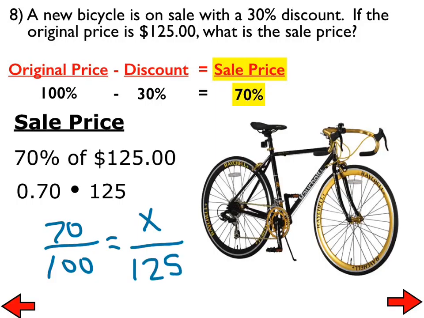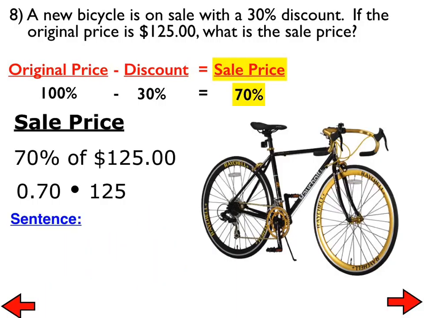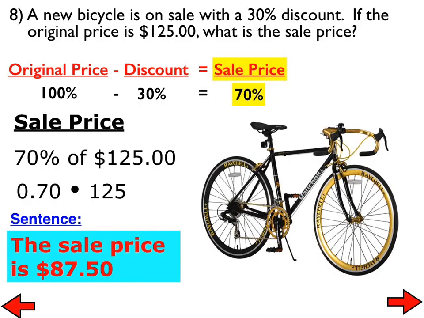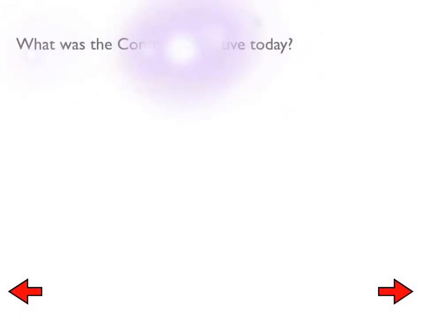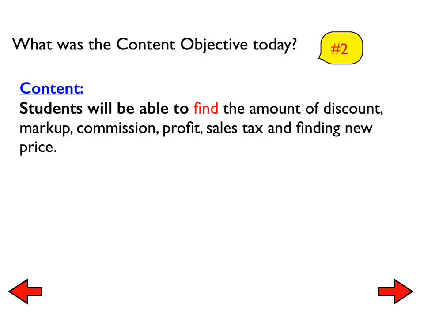Anyone want to share their final answer? Go ahead. The discounted price is $87.50. Raise your hand if you agree with that. Good, I saw a lot of you got this one correct. Any questions about any of this? Make sure you ask me during homework time, okay? Number 2's, what is the content objective today? Ready? Share.